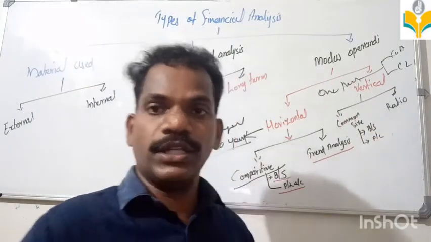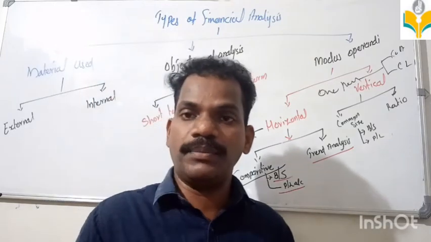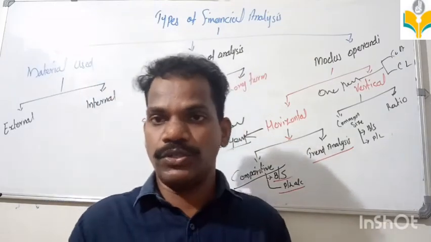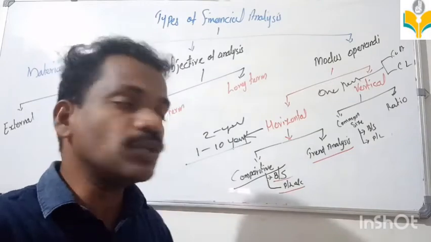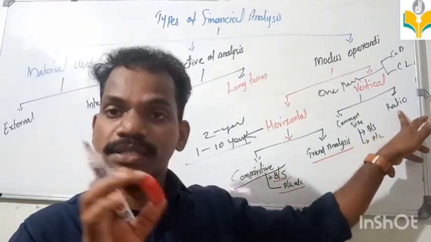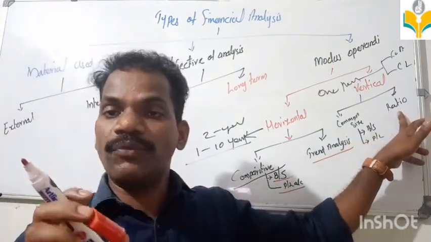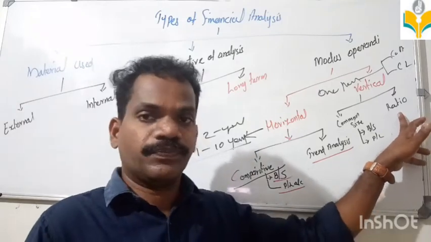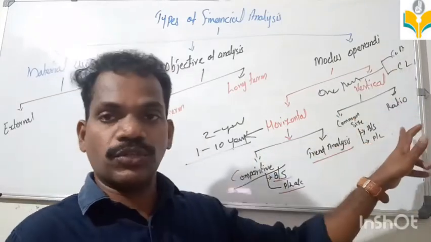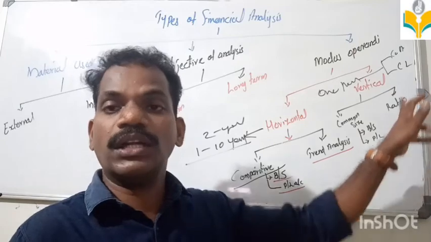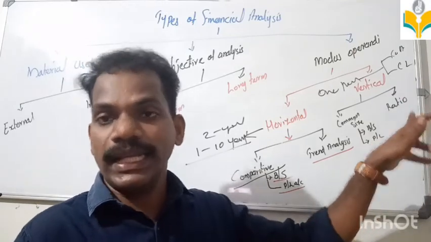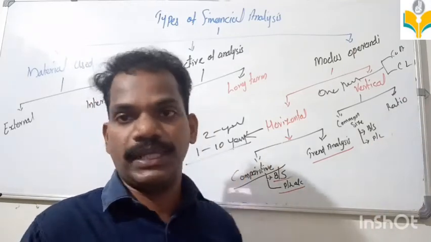Then current ratio, liquidity ratio, profitability ratio, turnover ratio. Then the different ratios to be considered of a single accounting period of a single unit. Profitability ratio, liquidity ratio or turnover ratio should be analyzed for only one accounting period.